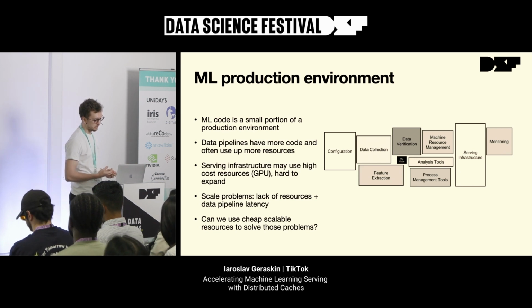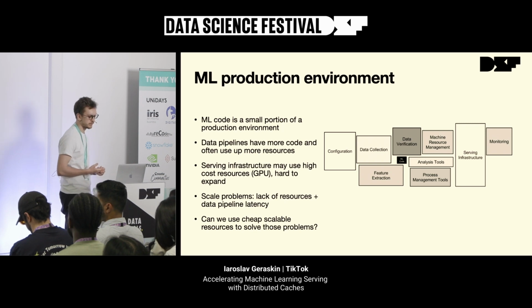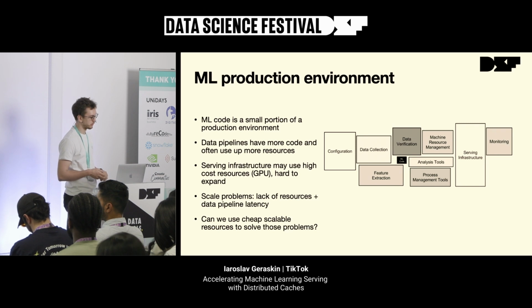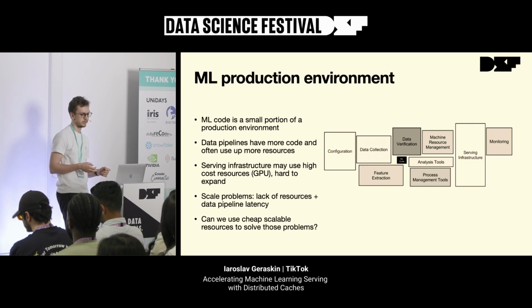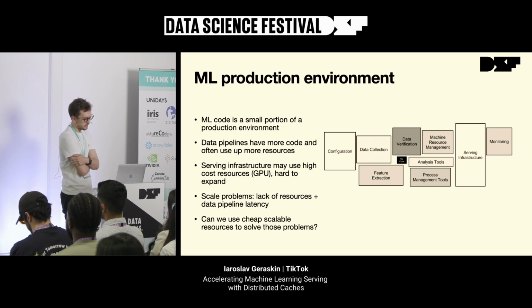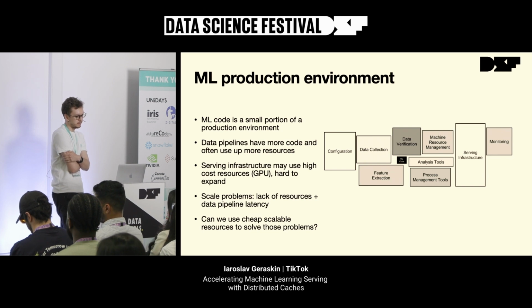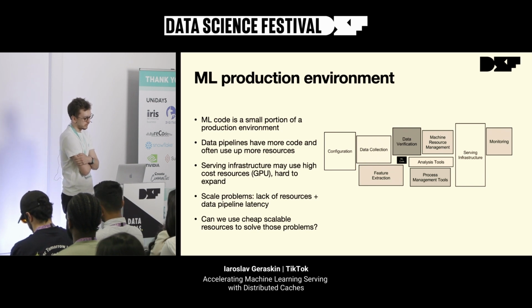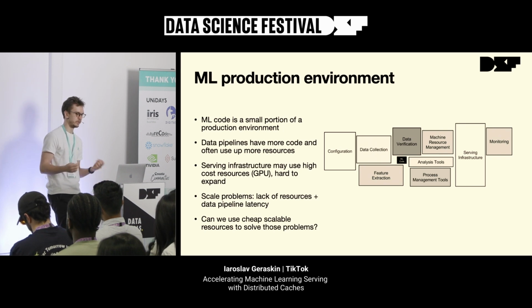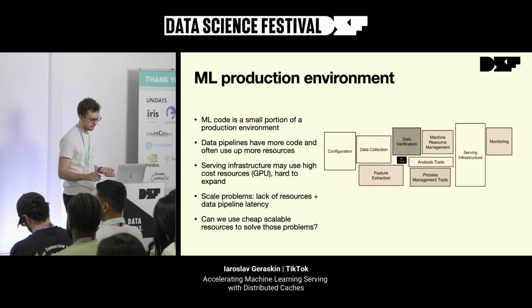And the other problem is that serving infrastructure sometimes requires specific hardware, such as GPUs, which is harder to get, harder to scale, and more expensive to scale compared to CPU machines. So those two problems, lack of resources and data pipeline latency, make it hard to scale such models to really high amount of requests.